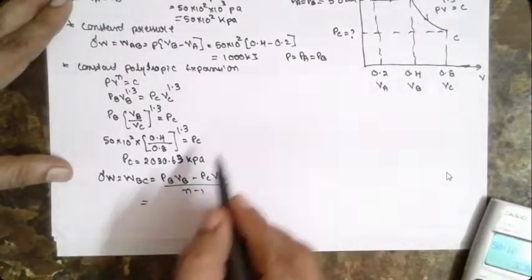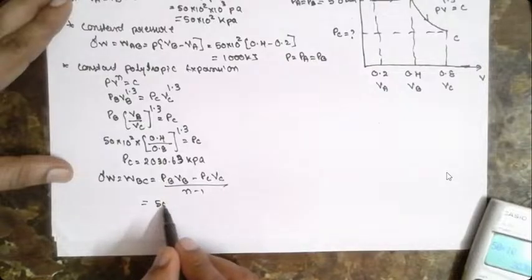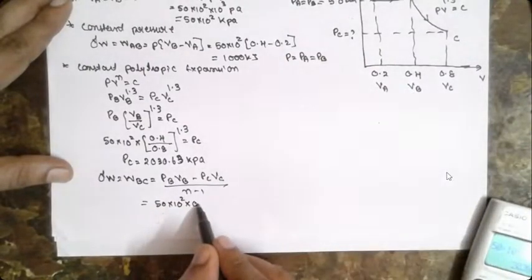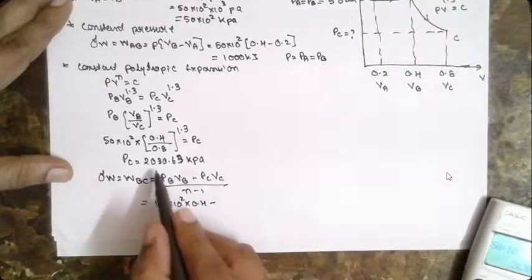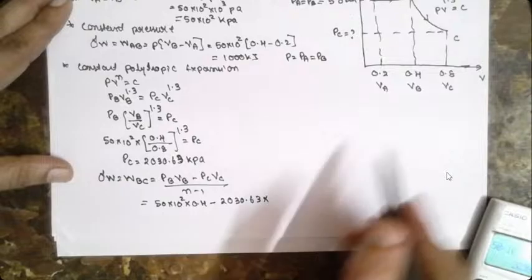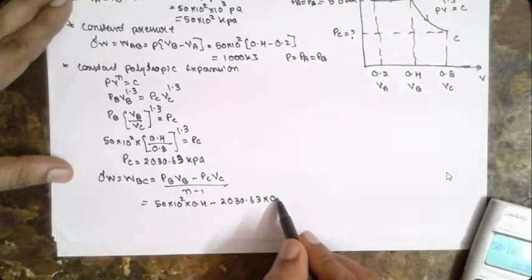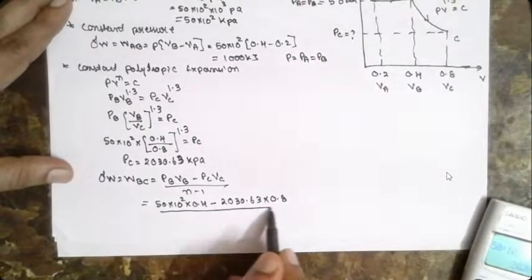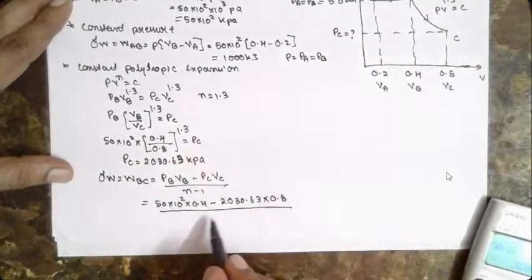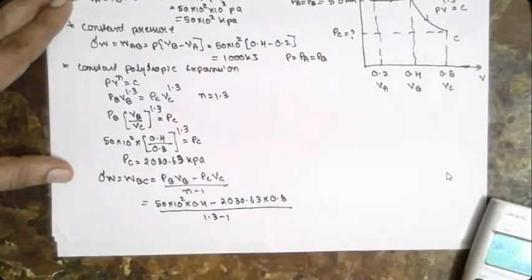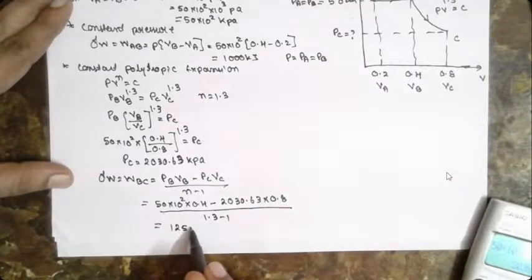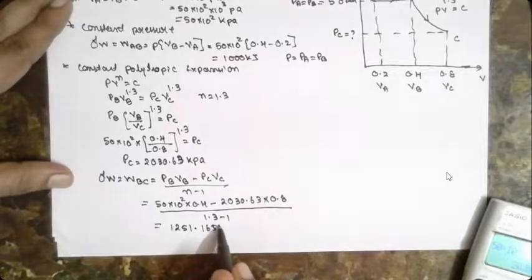PB is 50 into 10 raised to 2, VB is 0.4, PC is 2030.63 into 0.8, divided by n minus 1, where n value is 1.3. If we calculate, the answer will be 1251.65 kilojoule.